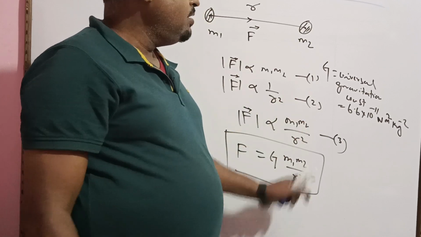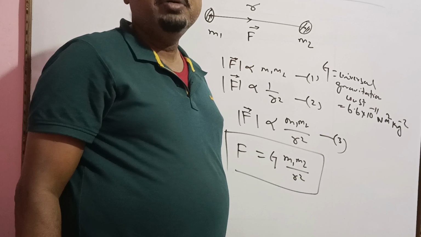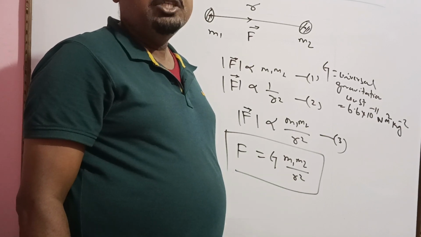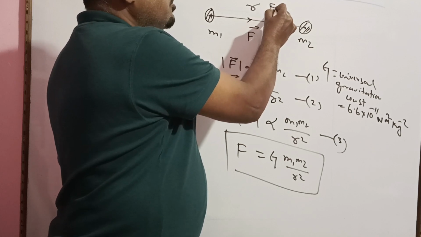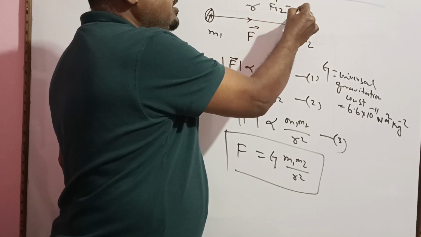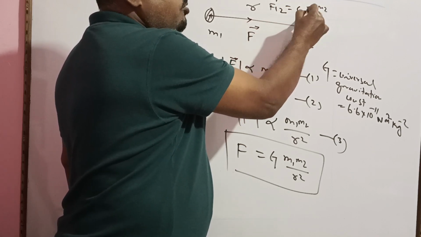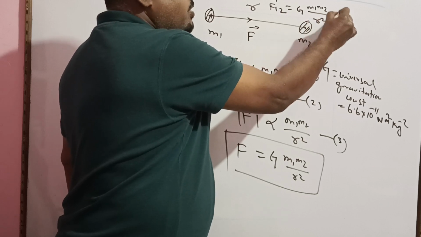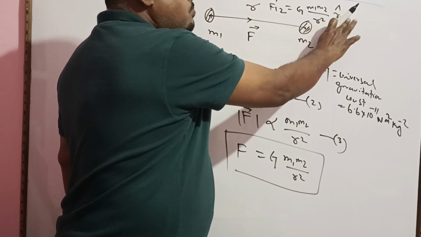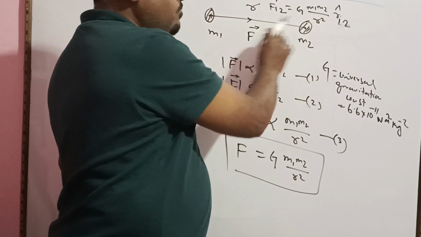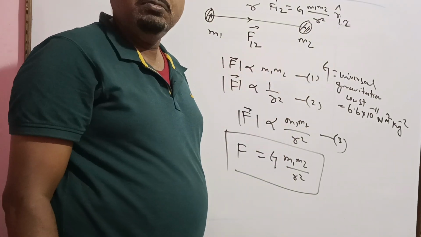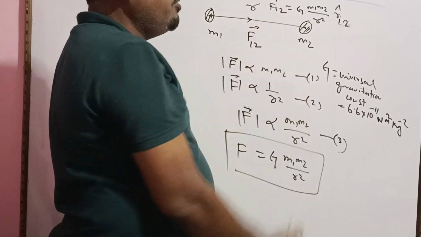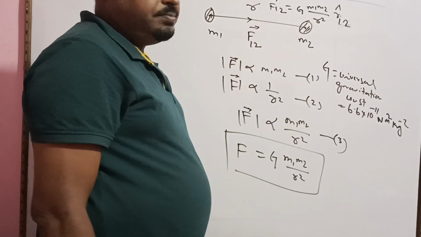Taking the constant, F equals G m1 m2 by r square. That is the magnitude. For direction, the force on 1 due to 2 is G m1 m2 by r square, r cap, from 1 to 2, F1 to 2. This is the vector form, right?